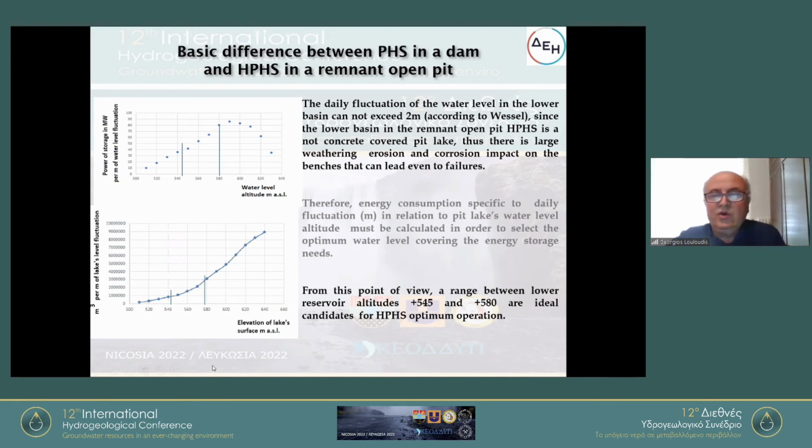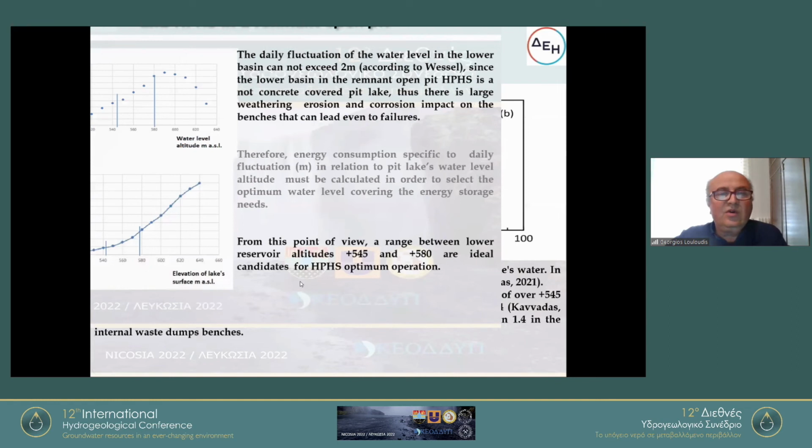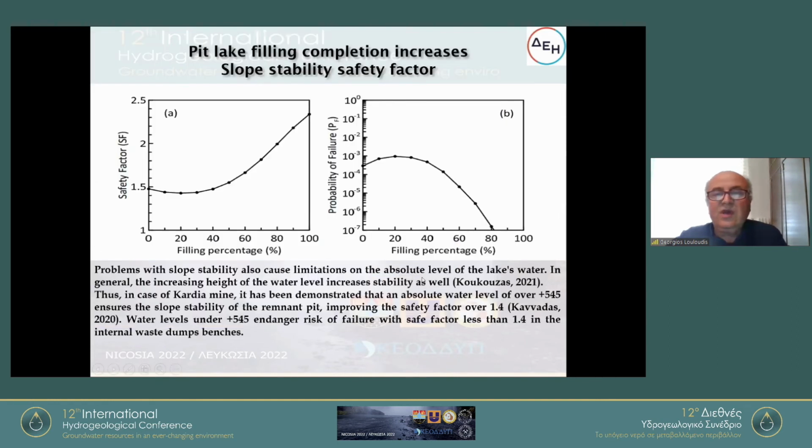From this point of view, a range between lower reservoir altitudes of 547 and 580 are quantities for the HPHS optimum operation. Problems with low stability also cause limitations on the absolute level of the lake's water level.